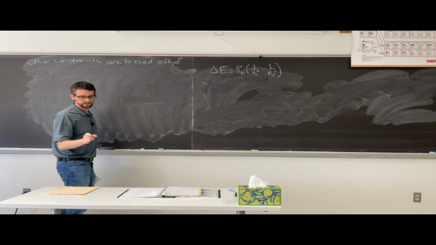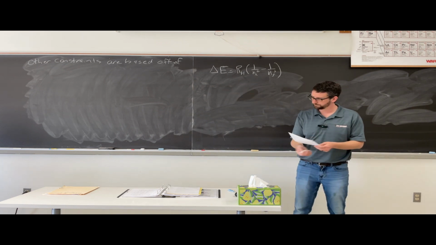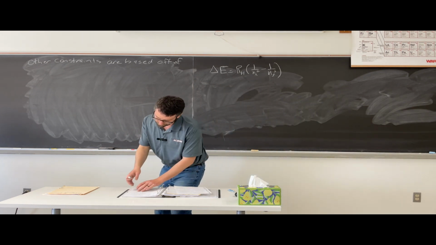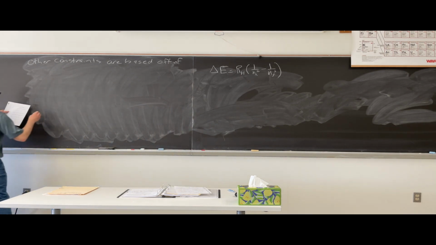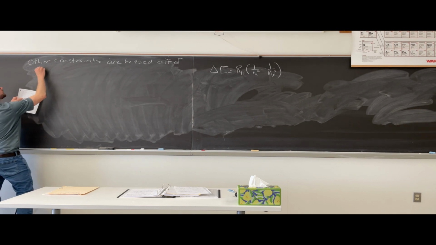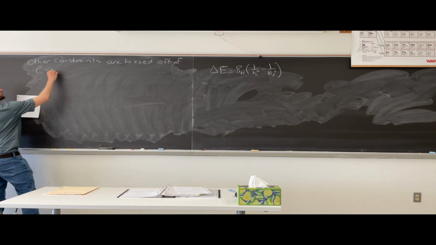When you look in the radial part, what do you notice is in there? Yeah, rho. And what is rho? Yep, it's related to the electron density.